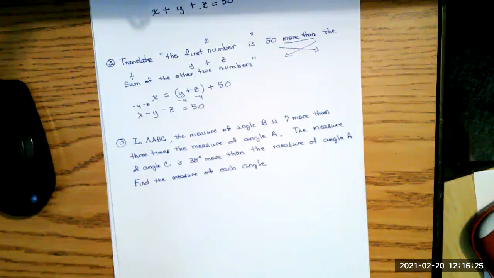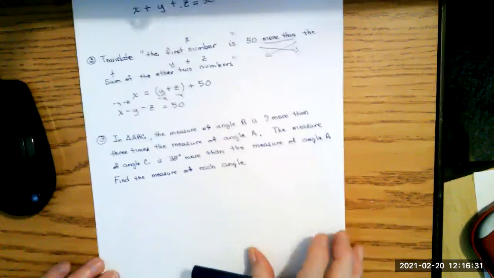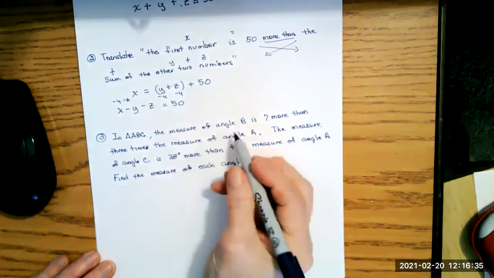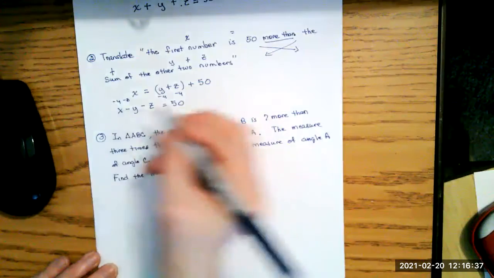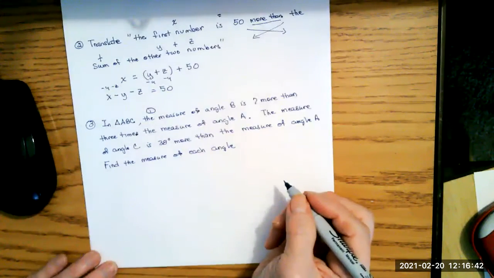But as an example, to give you another option, we're going to do it with 3 equations with 3 unknowns. So I'm going to transform this first one into an equation using B, the letter B for the angle B, and the letter A for the angle A. So let's follow along and see what it says.